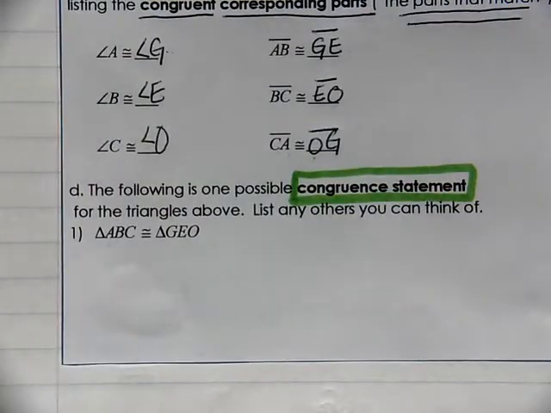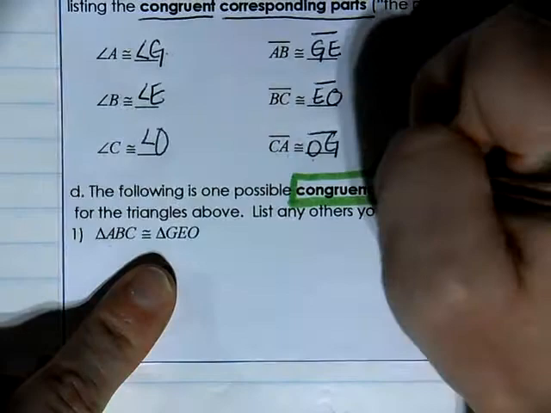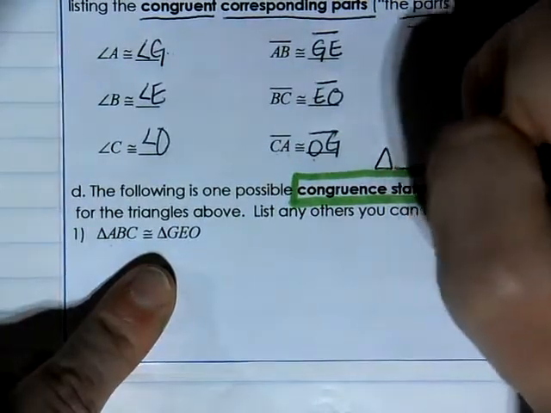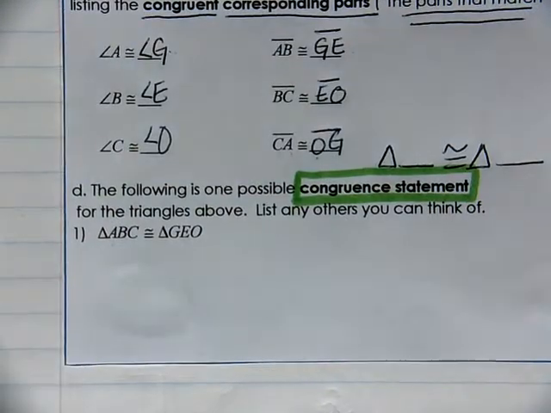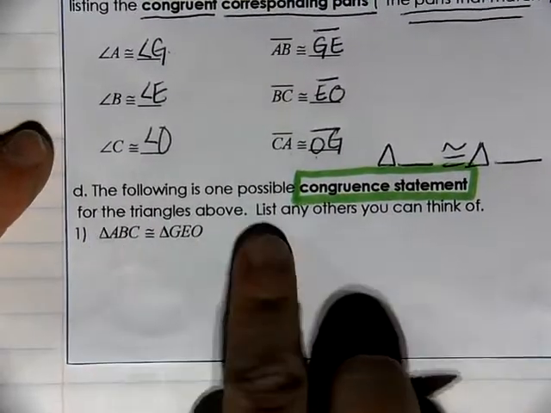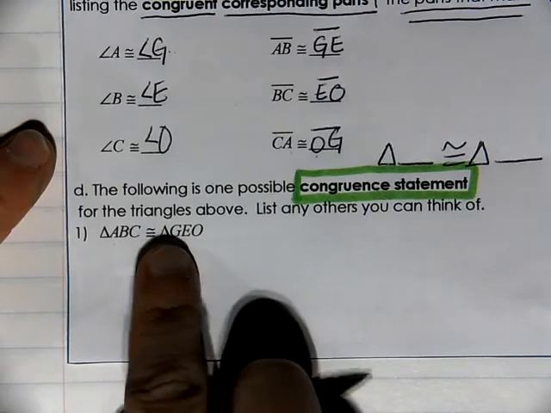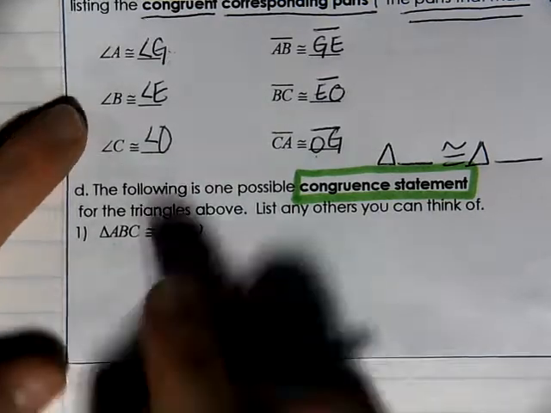For other shapes, it doesn't have a symbol in front, but for triangles, it means triangle something is congruent to triangle another thing. And there are 6 total statements that we can write. So one possible congruent statement is triangle ABC is congruent to triangle GEO.